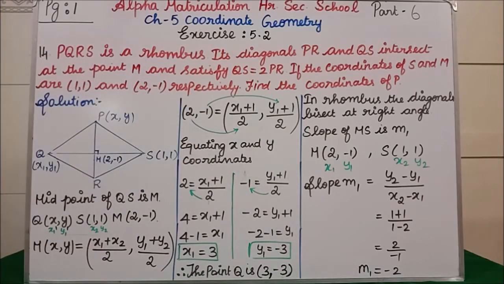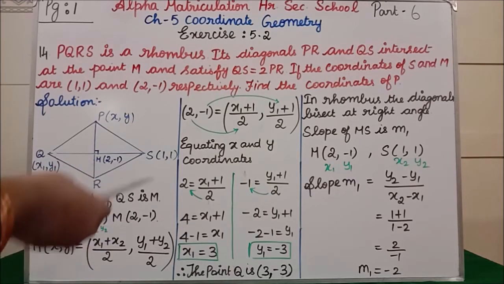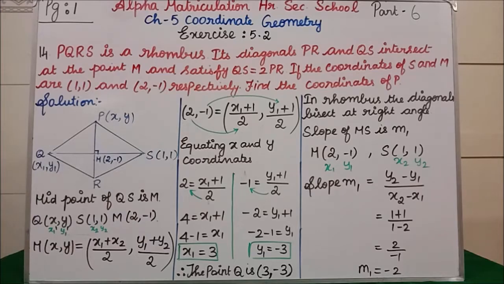Clear? The next step is cross multiplication. 2 into 2 is 4, so 4 is equal to x1 plus 1. Similarly, 2 into -1 is -2, equal to y1 plus 1.